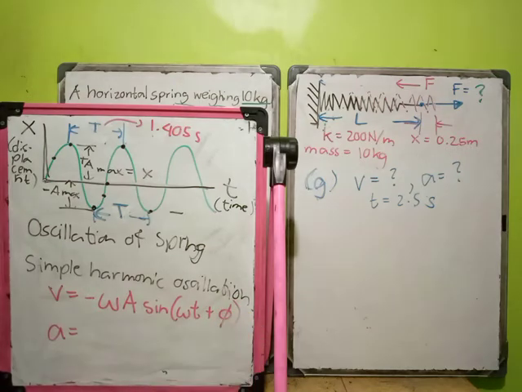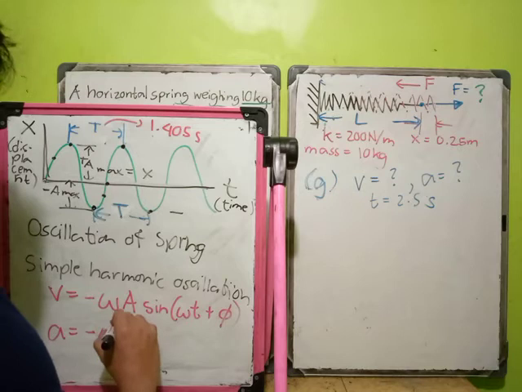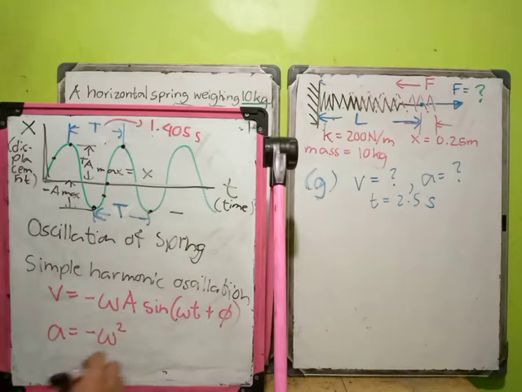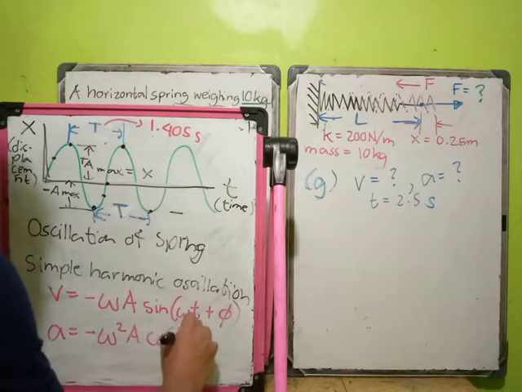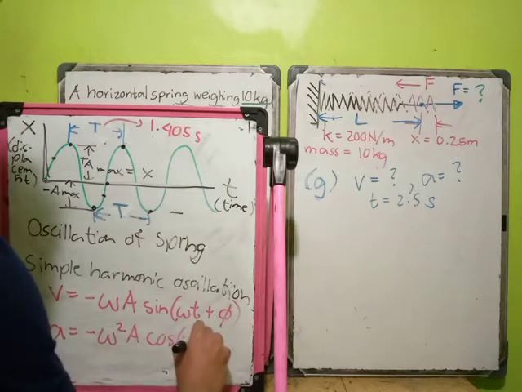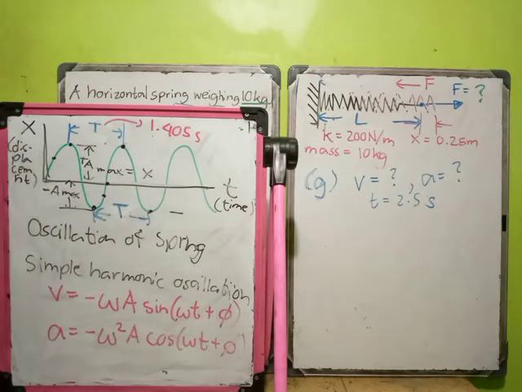But here, we can assume that phi is equal to 0. And also here, the acceleration is negative omega squared A cosine of omega t plus phi.